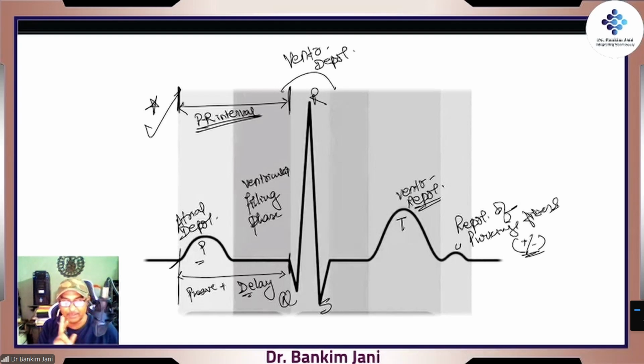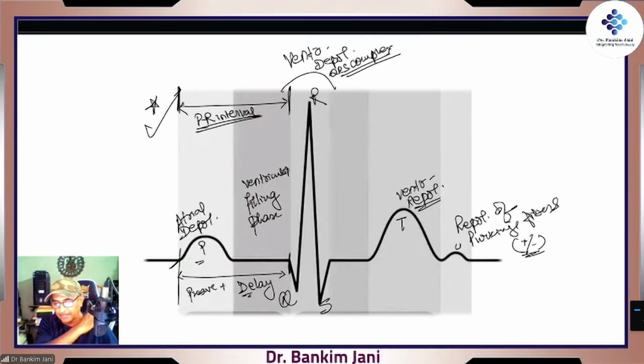Whenever things are like this, that is the point where one can easily fall in a trap. Though this should be the PR, no, it is the beginning of the QRS complex. Now the QRS complex is considered as one.